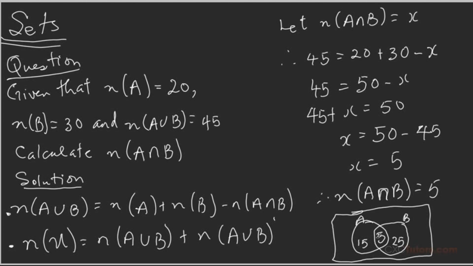We do not repeat elements when we talk about sets. So the number of elements in A only is 15, the number of elements in B only is 25, and the number of elements in A intersect B is 5.